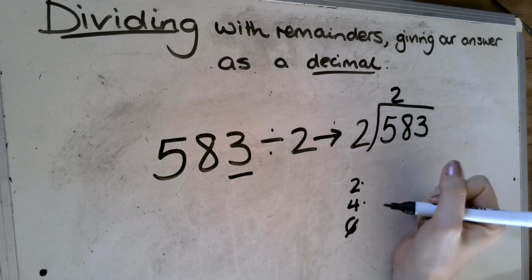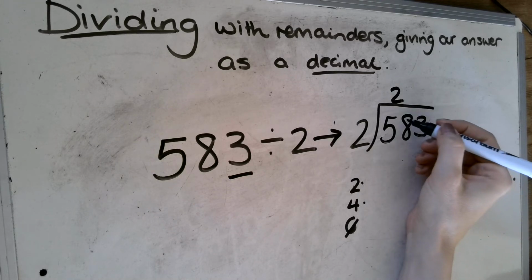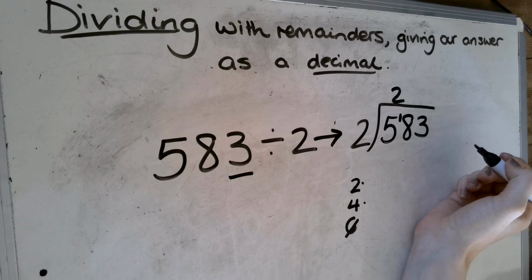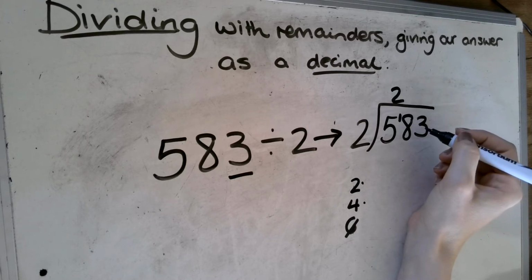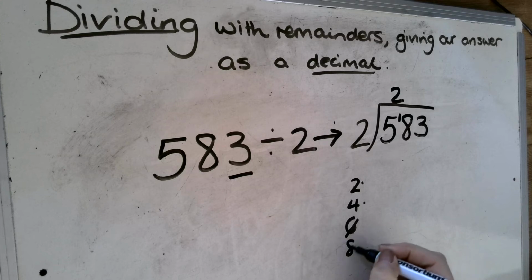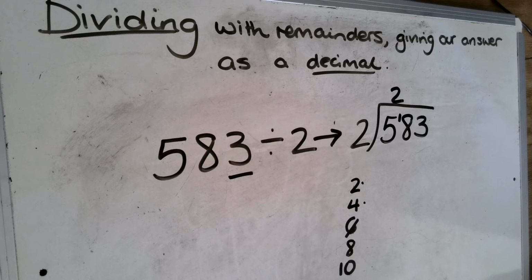And we have a remainder of 1, which we are going to put in front of our 8, which is in our tens column. We're now going to divide 18 by 2. So again, we can either do our 2 times table in our head, or we can write it down, and we keep going until we get to 18.